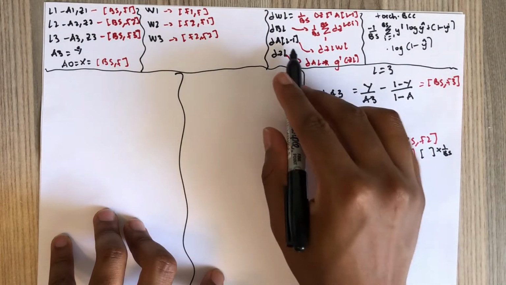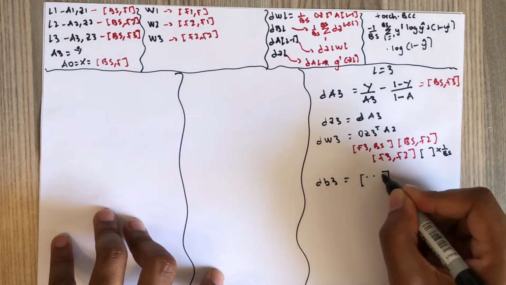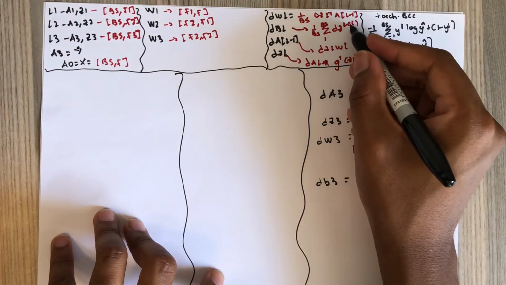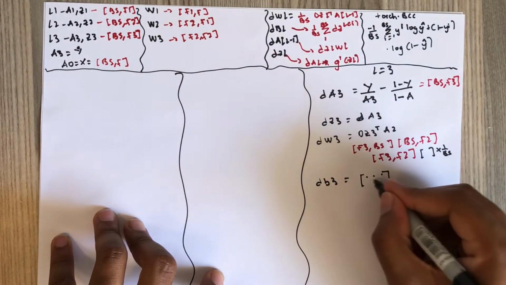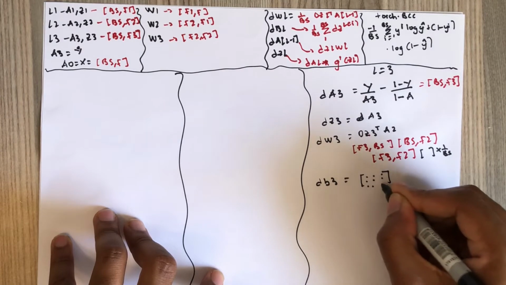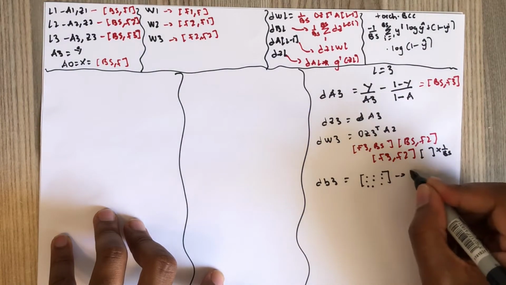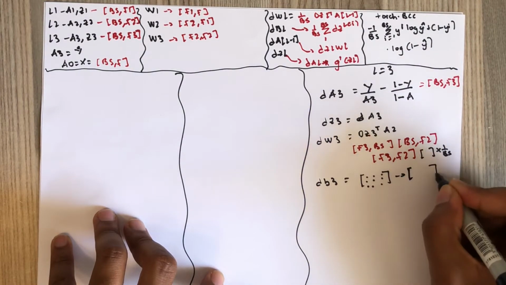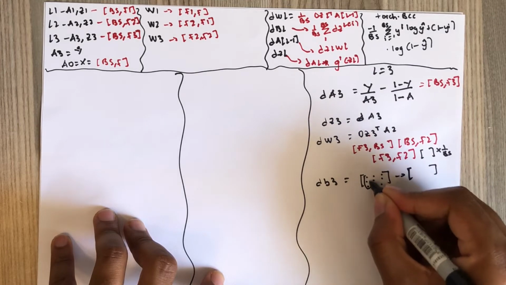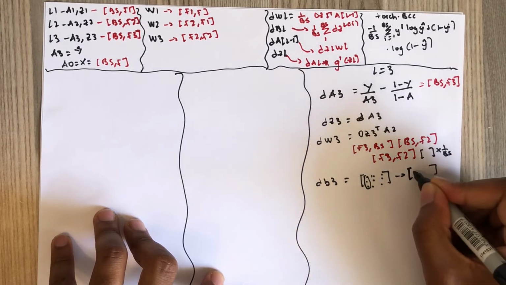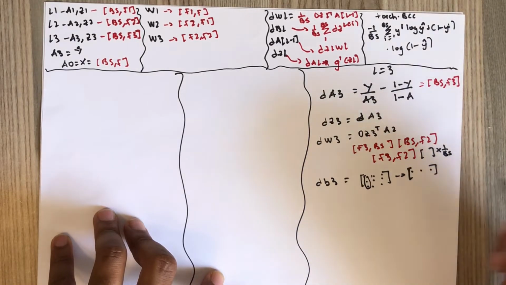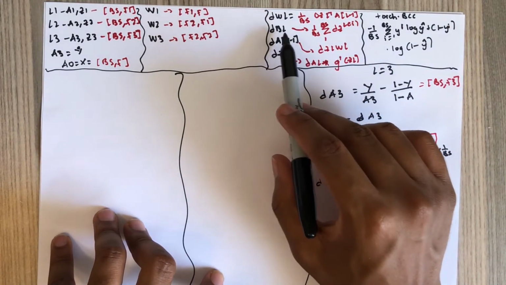So db3, the formula here says take dz3, maybe dz3 was this, I'm just saying, then sum up this, sum up this, sum up this, then you end up with something like this. This is the summation of these 3. This is what the formula here is saying.